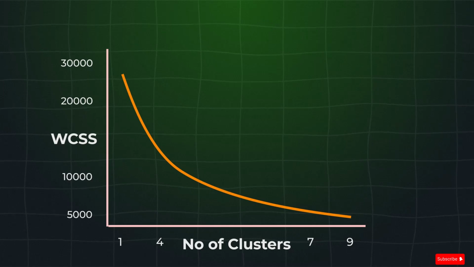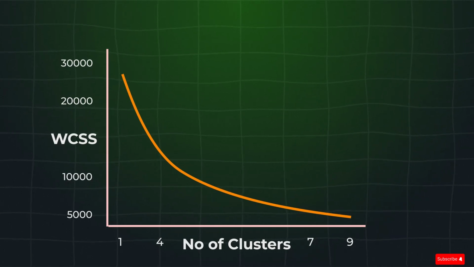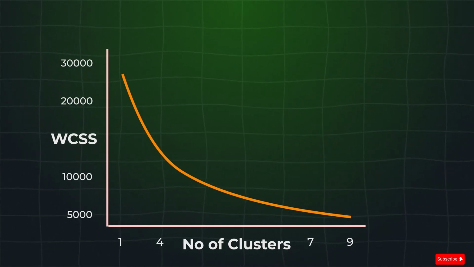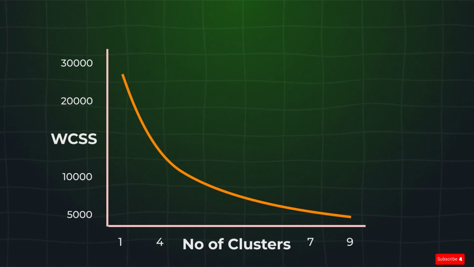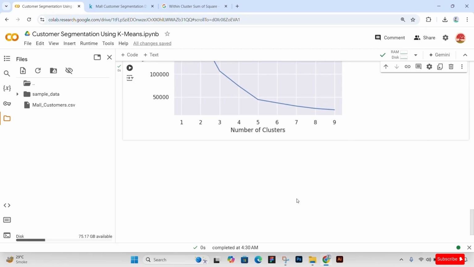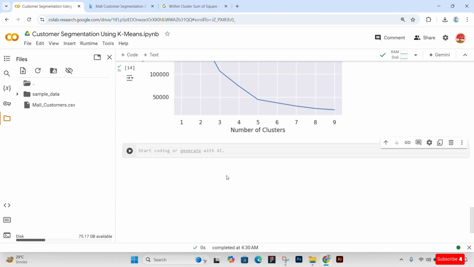So basically, this is how a small number of clusters impacts more than a large number of clusters. Now we will make a new cell, then we will train our k-means cluster model.